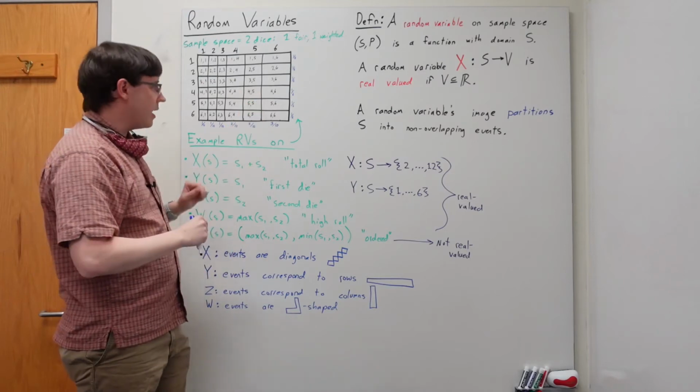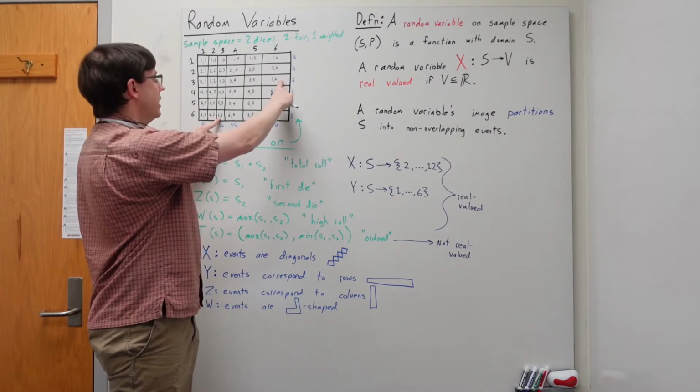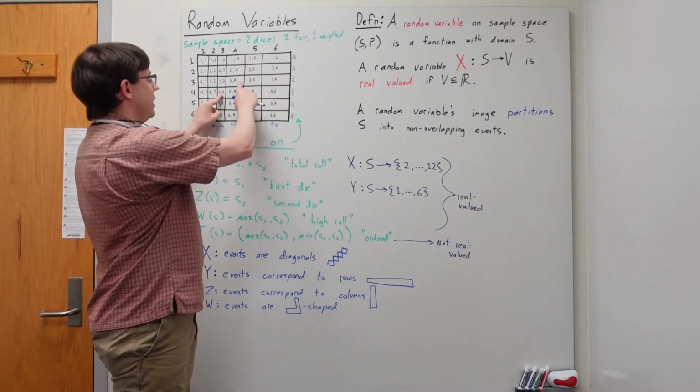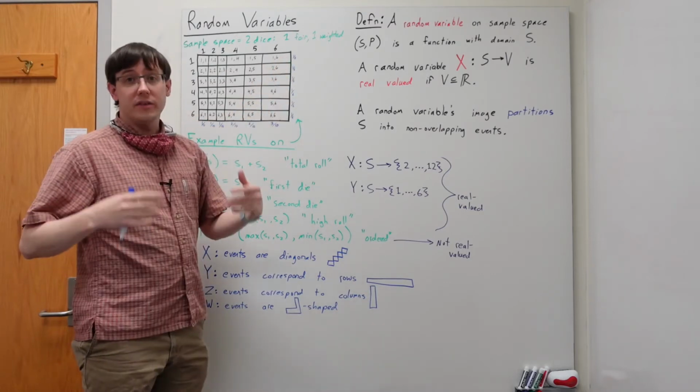And for any given outcome, the one that is symmetrically opposite it in our diagram is the only other outcome that's in the same event.